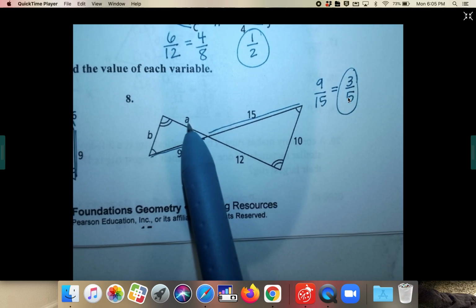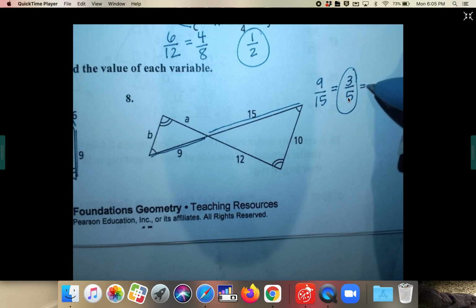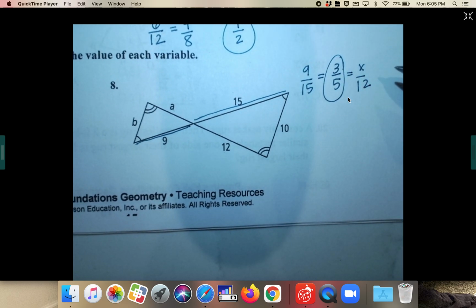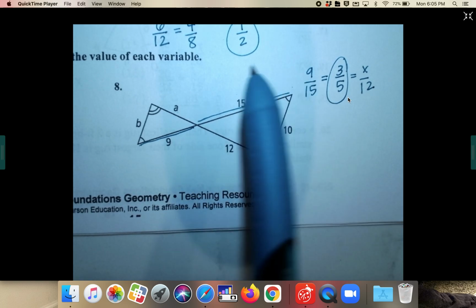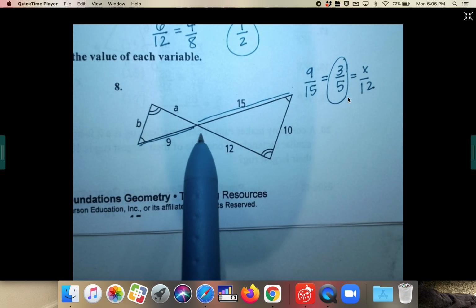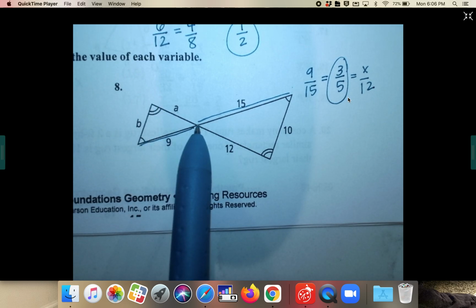So if I need to find A, it needs to be 3/5 of 12. So 3/5 of 12 would be, did I set that up right? No, A to here, oh yeah, is 12.